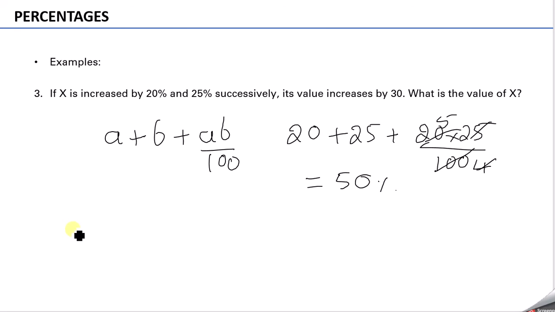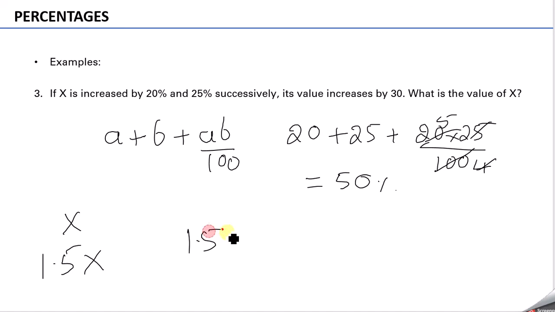Now it says if X is increased by 20% and 25%, its value increases by 30. So say the original value was x. After two successive increases, its value increased by 50%. So the new value will be a 50% increase of x, which is 1.5x, and the increase is 30.